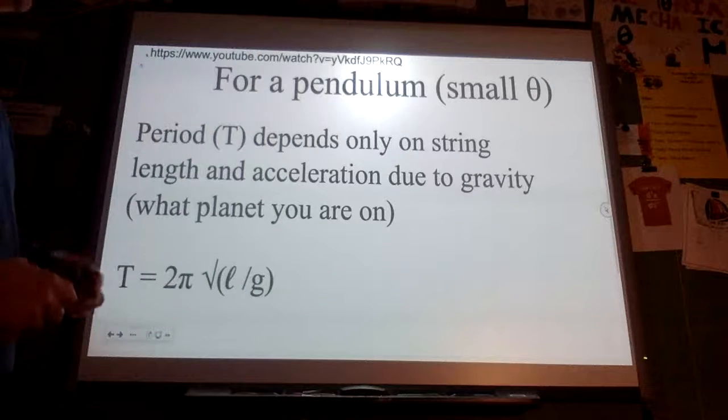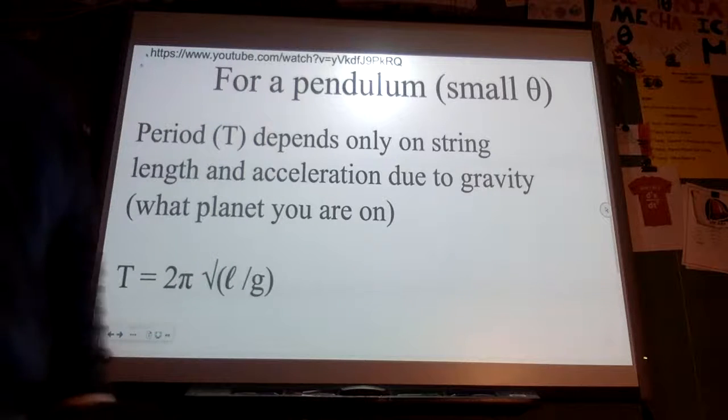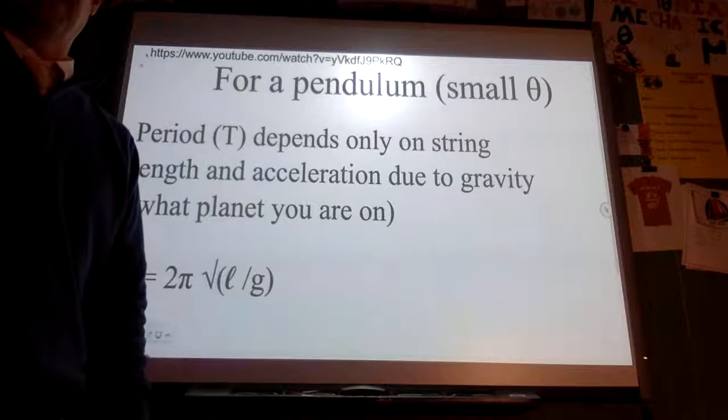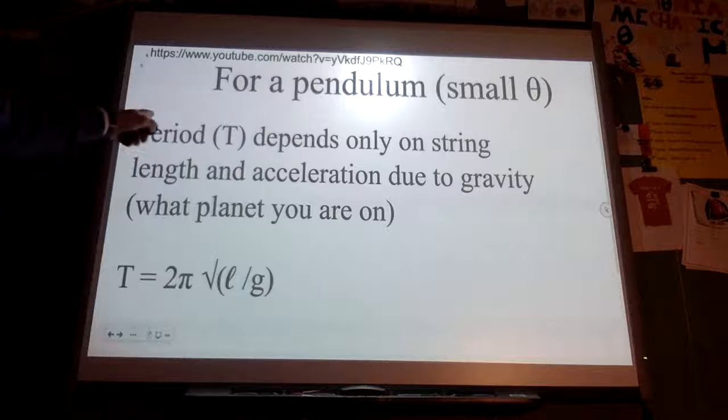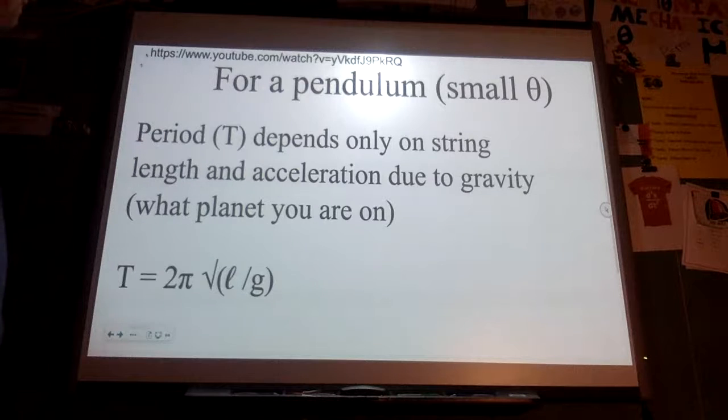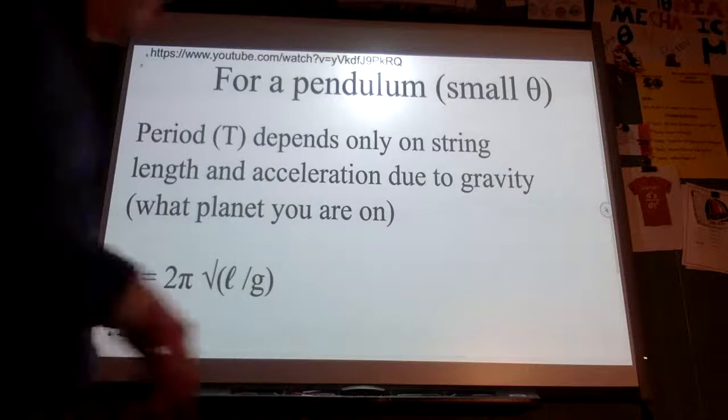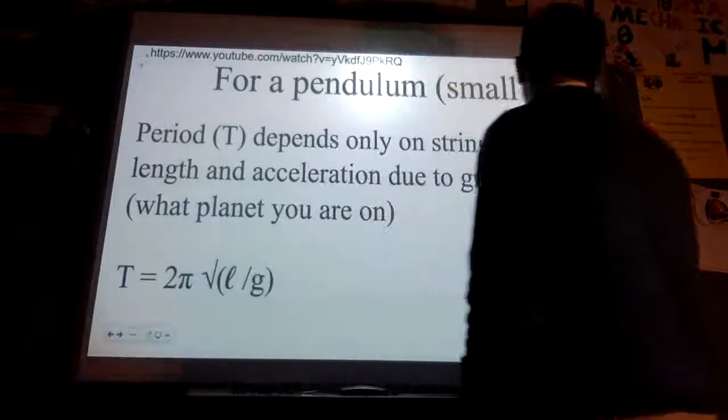So for a pendulum, and this is going to be for small angles. Remember we made those approximations that this only works for small angles. The period depends both on the string length, which will be measured from a fixed point to the center of mass, and the acceleration due to gravity, what planet you are on.